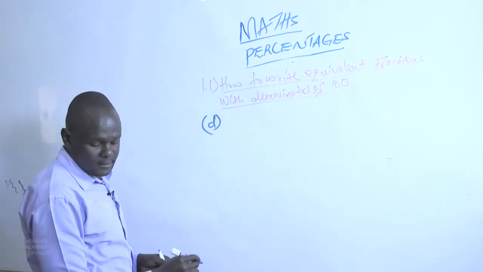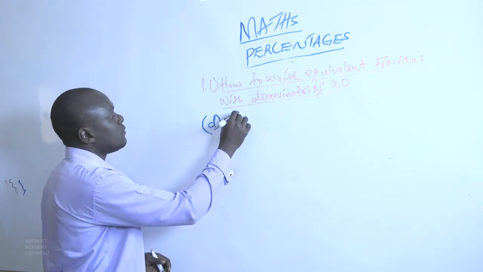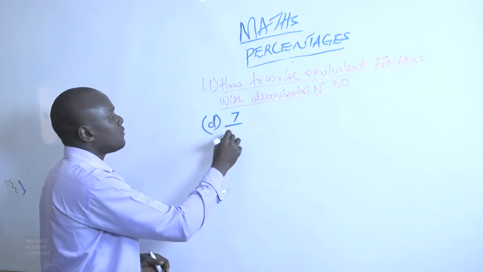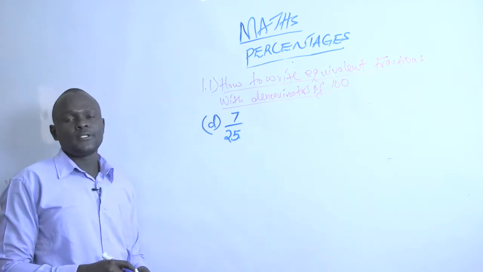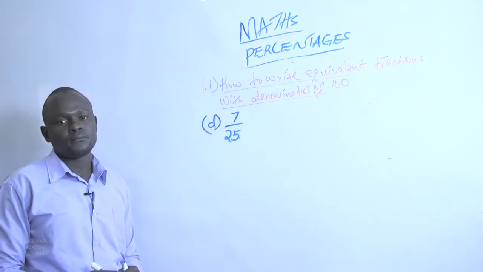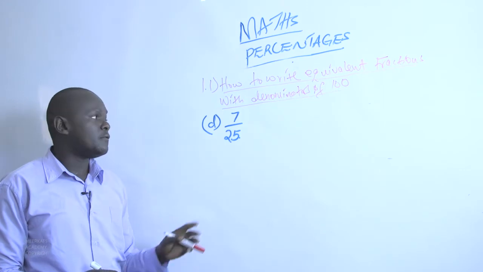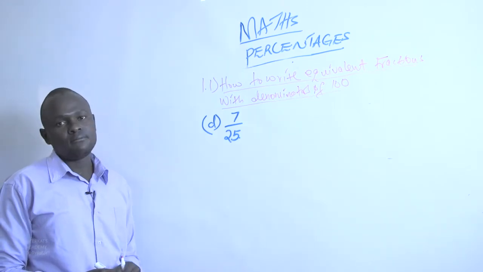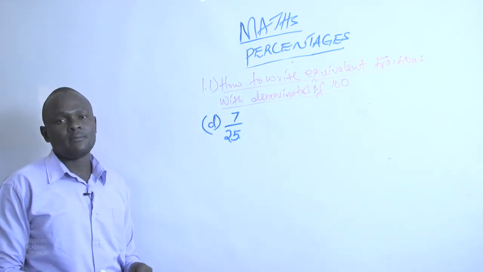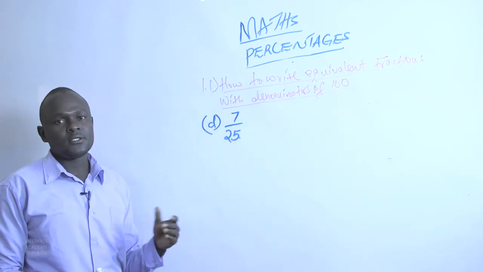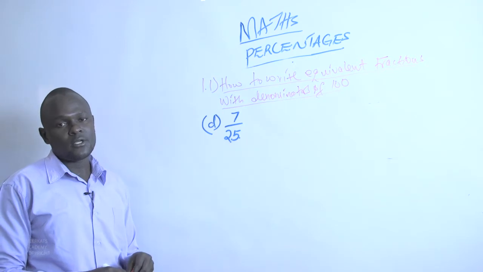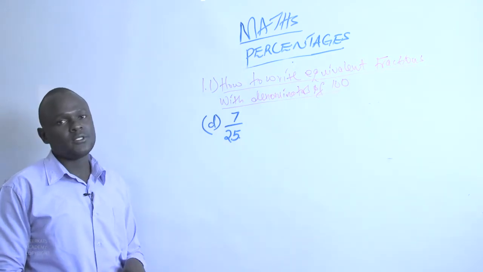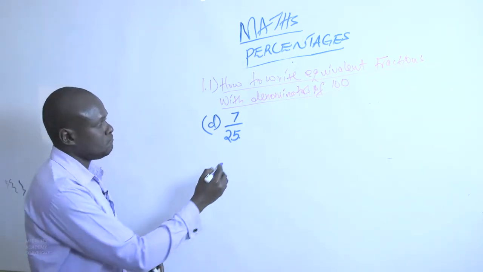And my last example is 7 out of 25. My viewers, the same procedure that we have applied in the above 3 examples will be applied to execute this so that we achieve the results that we desire.